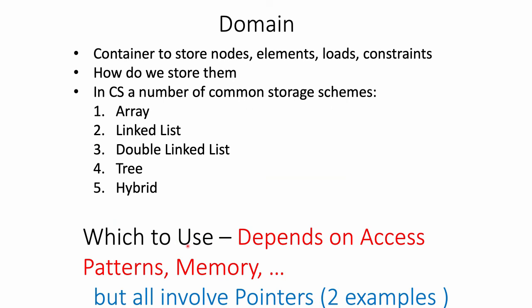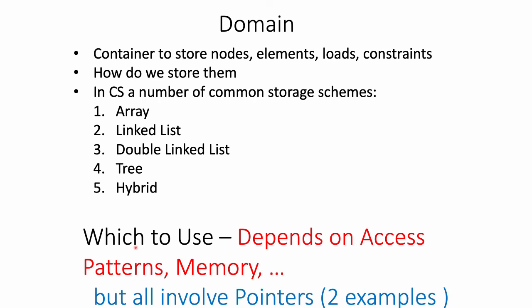So then the question with the domain is, how do we store all the nodes? This is bringing us back to the idea of data structures. I mentioned previously in C we can do array, linked list, doubly linked list, trees. There's hybrid approaches. And again, as I mentioned, it really depends on what the access pattern is. So when we write the elements, they are going to be the things looking for the nodes.